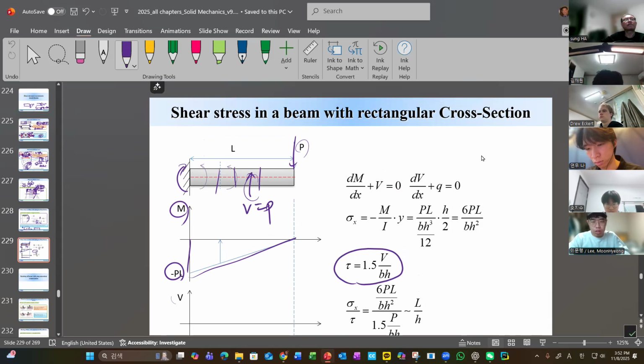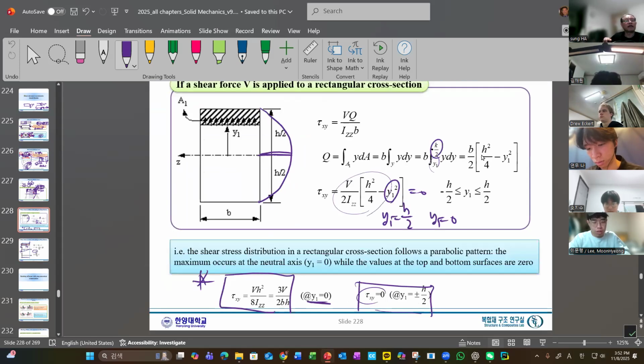From previous, I'd like to emphasize that here it is 3 over 2, this is 1.5 times V over BH. What is V over BH? BH is the cross-section area, and V is the shear force.